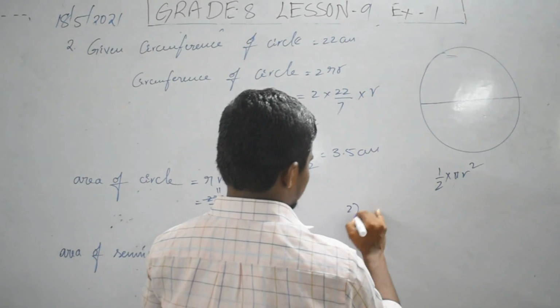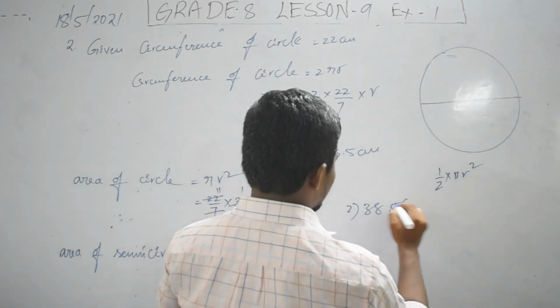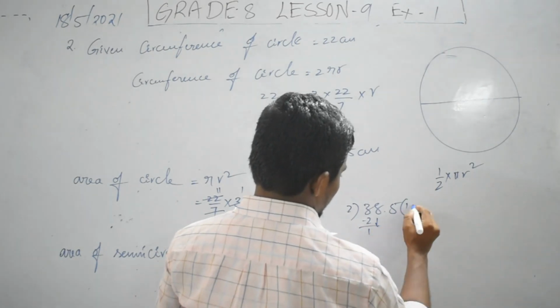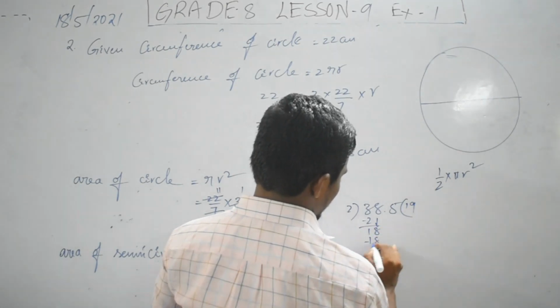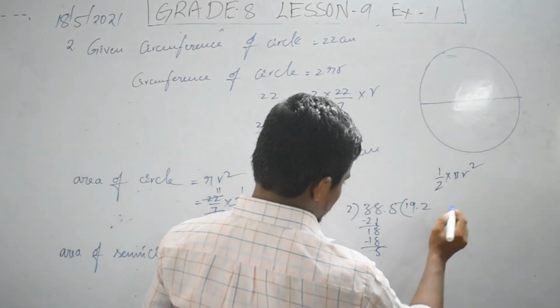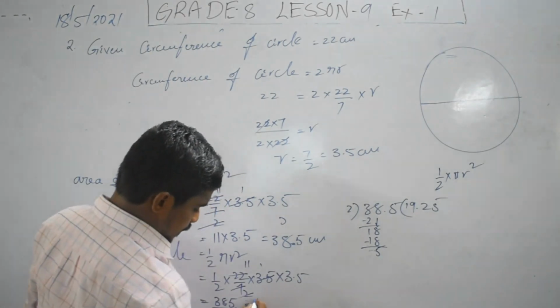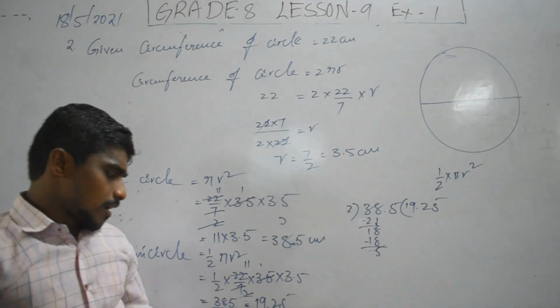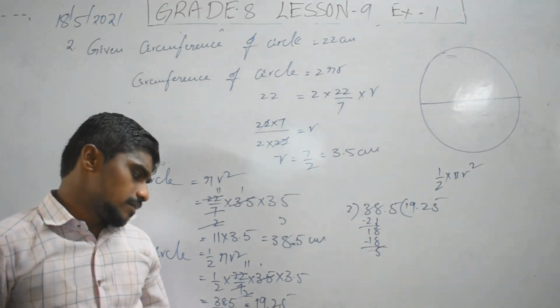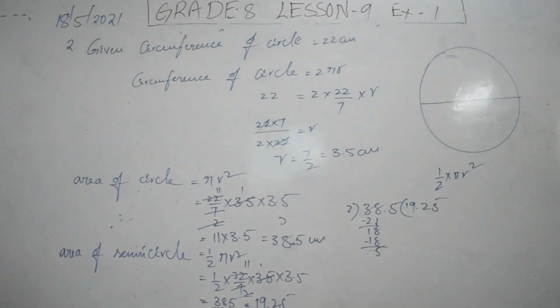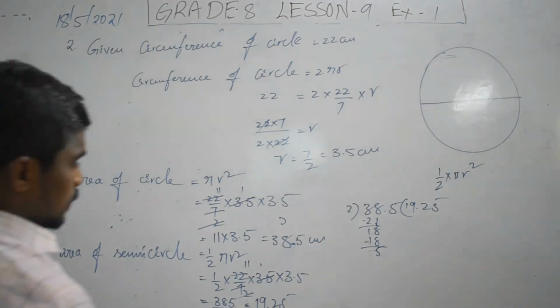Like here see, 2 1 jar 1, 2 9 jar... 5, 2 2 jar 5. So 19.5. 38 half, how much? 19. 50 half is 25. So 19.5 is the area of the semicircle, centimeter square area.